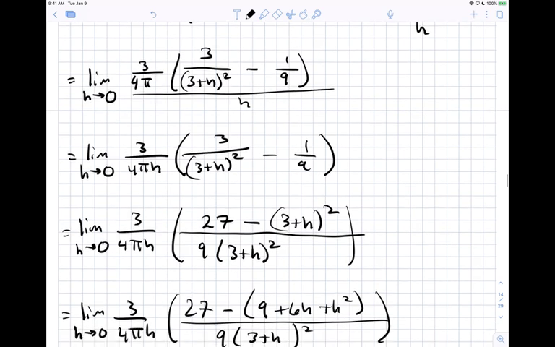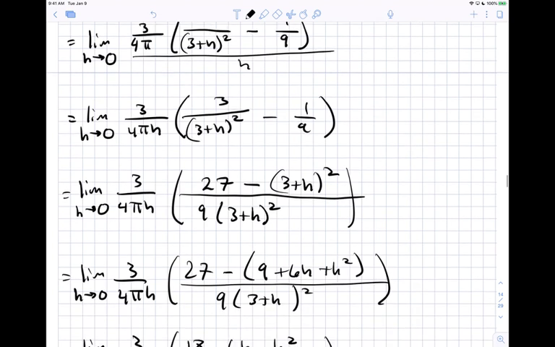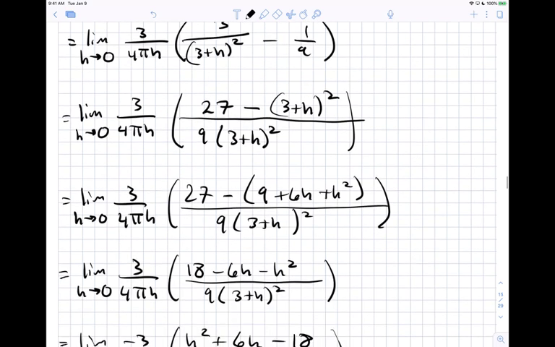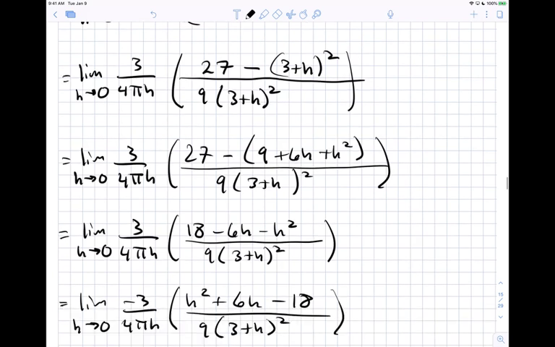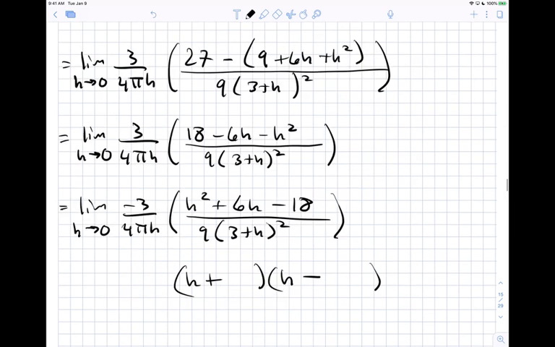This times that, so top and bottom by 9 there. 9 times 3 is 27, 3 plus h squared. Okay. If you expand that, 3 times h times 2 is this. 18, I think that's fine. I don't know if I should put that 3 back. h squared plus 6h minus 18.